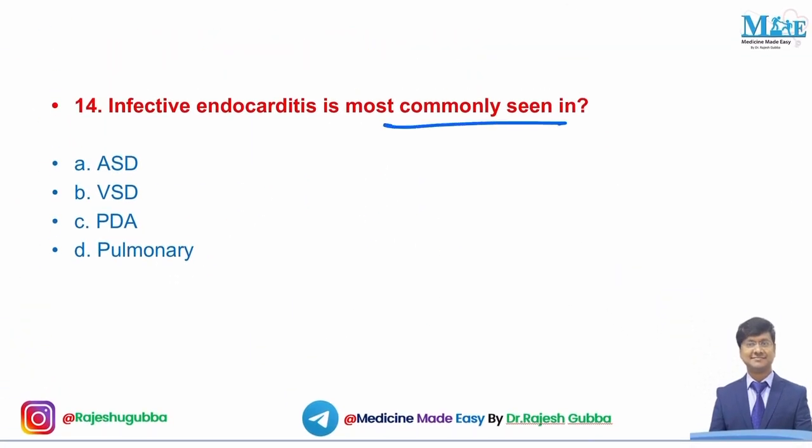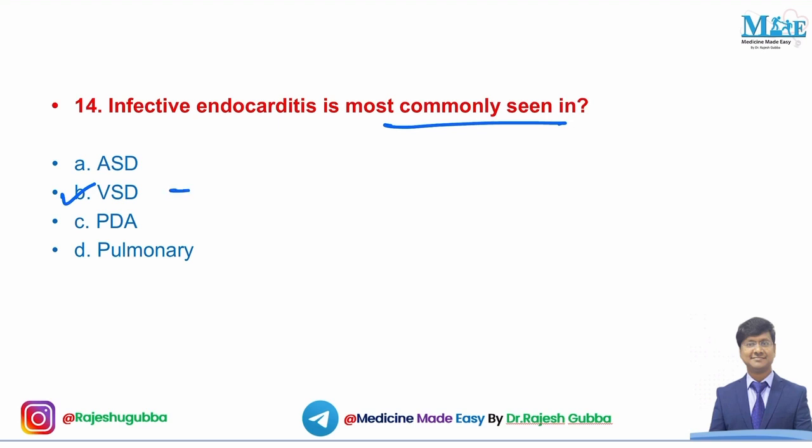Infective endocarditis is most commonly seen in ASD, VSD, patent ductus arteriosus, pulmonary regurgitation or pulmonary pathologies. Infective endocarditis is most commonly seen wherever there is a high pressure gradient. Among the options given, the high pressure gradient is seen across a ventricular septal defect.